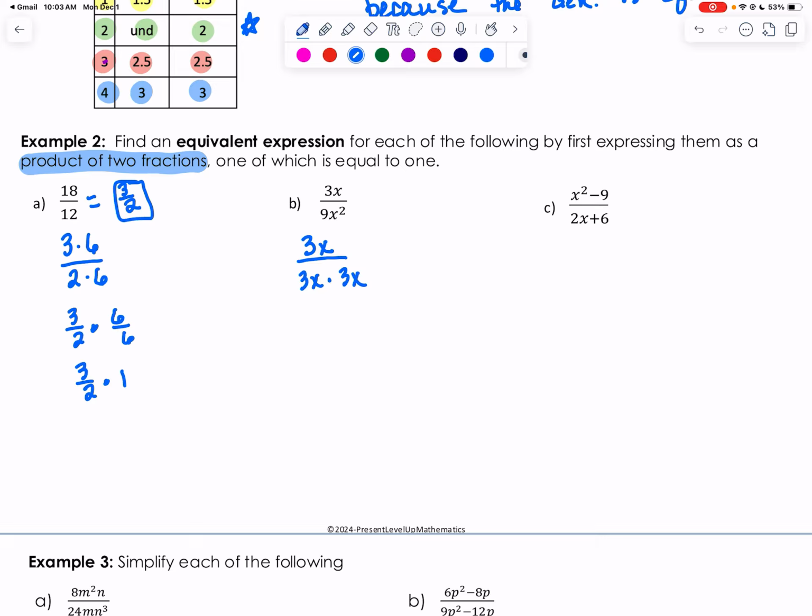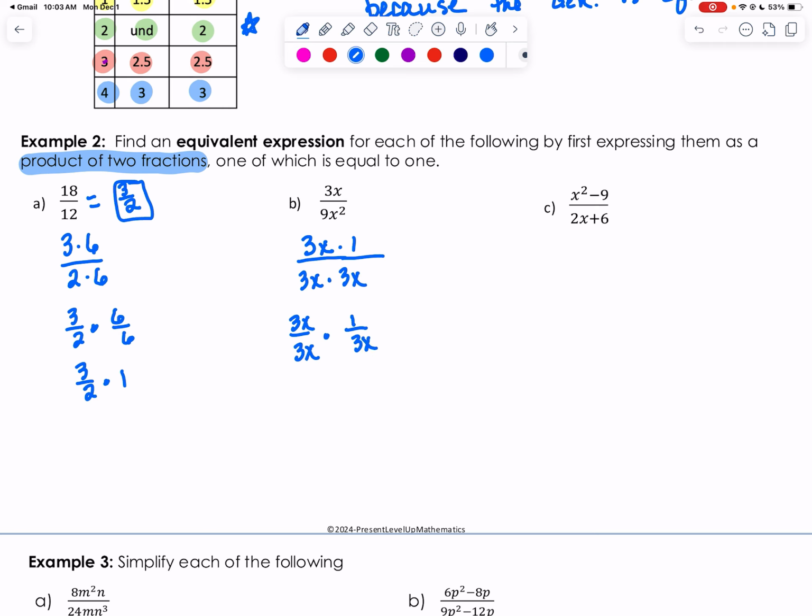Now I'm going to rewrite this as a product of two fractions. So I'm going to take this first 3x and put it over the bottom 3x. And then, because on the top we don't have another 3x, this would be 1 over 3x.